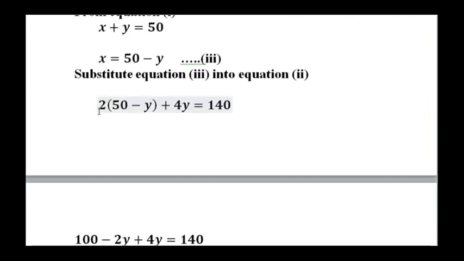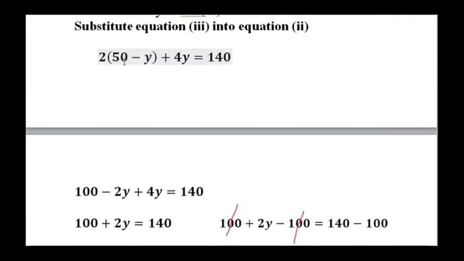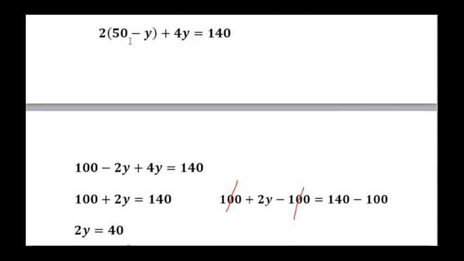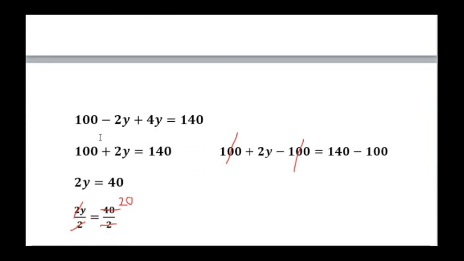Next, I'm going to multiply 2 by positive 50 and the same 2 by negative y. Now 2 times 50 is 100 and 2 times negative y is negative 2y, plus 4y equals 140. 100 - 2y + 4y is 100 + 2y = 140.